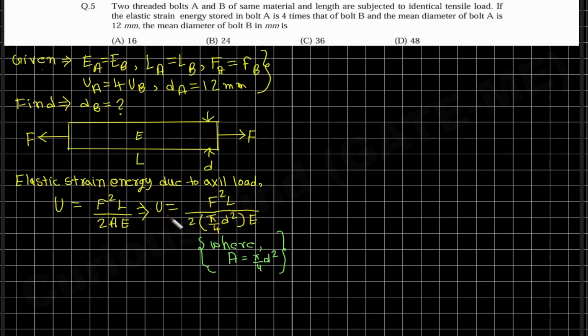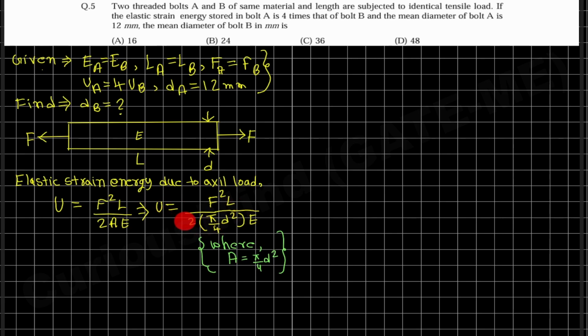Now, if we look at this expression, we see here that F is same for both the bolts because both bolts are subject to the same axial load. L is same for both the bolts because both bolts are of the same length, and E is also same for both the bolts because both are made of the same material, and 2 and pi by 4 are also constant.